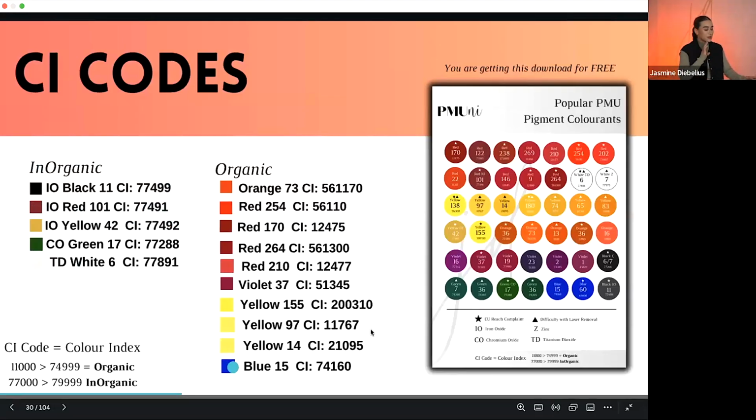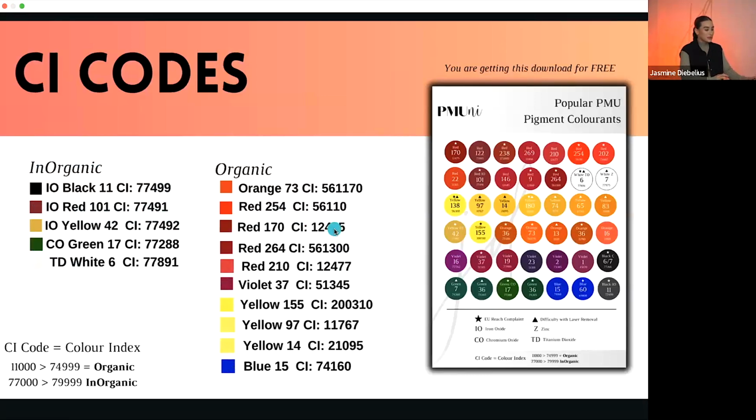These are the only inorganic colorants that we have in PMU, a very small handful. Let's take red 254, CI 56110. That is an organic colorant, and we can see that because of the CI number. If you look at the bottom of your screen, you've got a little code there. If a colorant has a CI number of 77000 and above, that means it's an inorganic colorant.